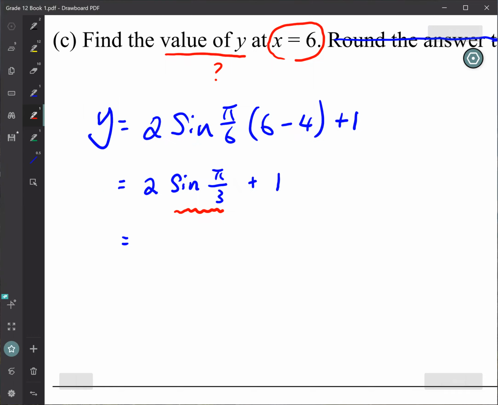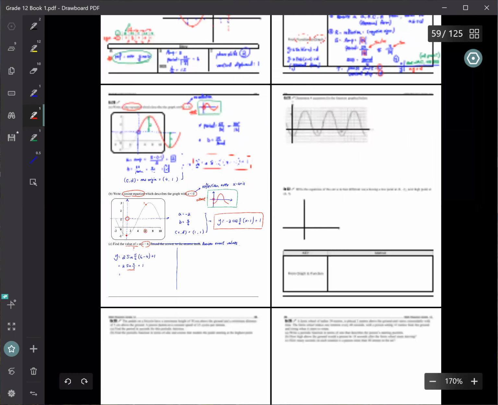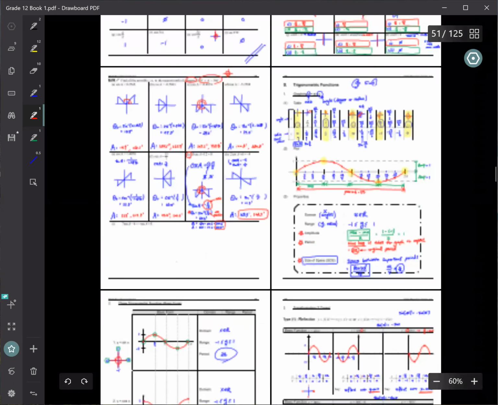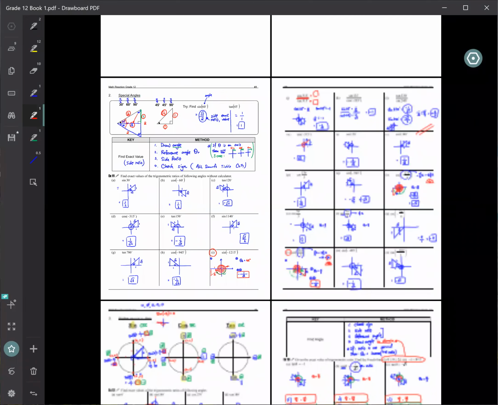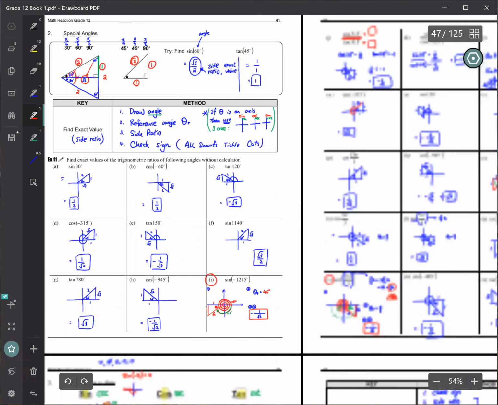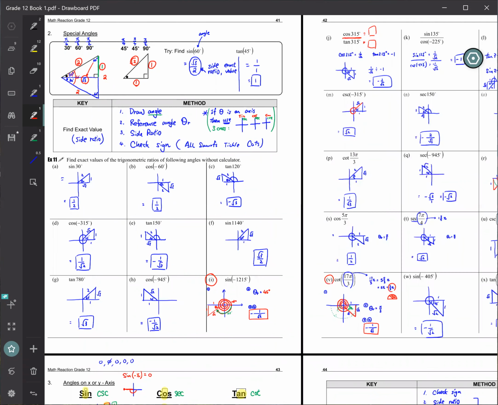If you need a note, let's see. You have to go back to where? To here. This one is page 41, right? Draw angle, reference angle, side ratio, check sign. Okay? Find exact values.